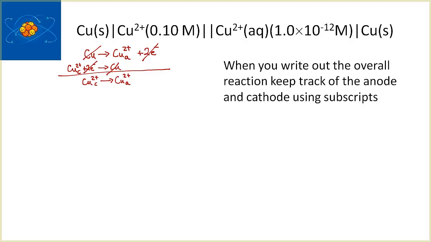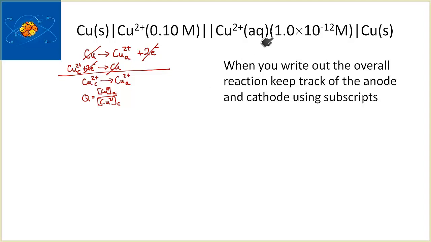And I can write Q from that as the concentration of copper 2+ at the anode divided by the concentration of copper 2+ at the cathode.